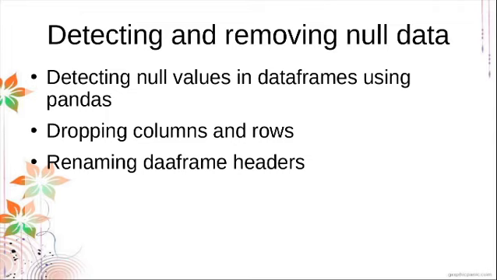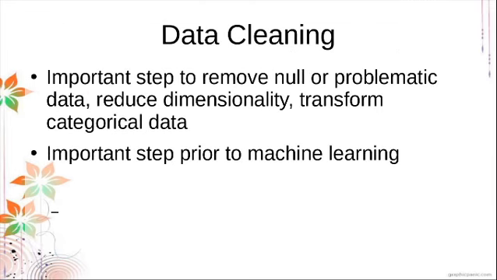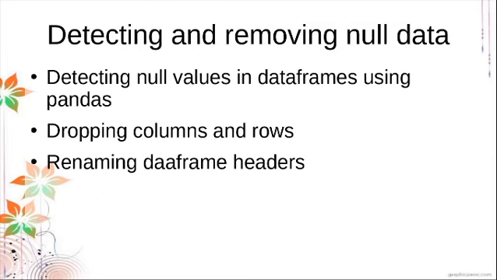So we have structured data there, and the dimensions are very small, so we don't need to reduce the dimensions or transform any categorical data. So anyway, this is just a simple detection and removal of data.